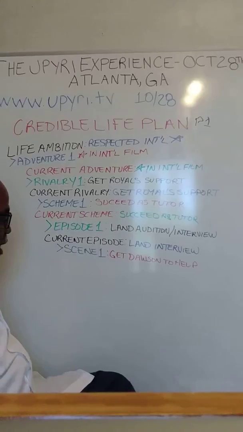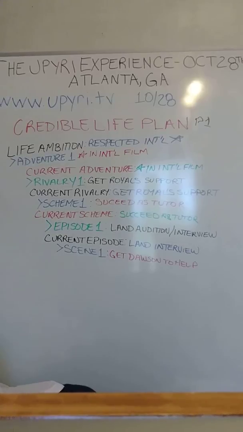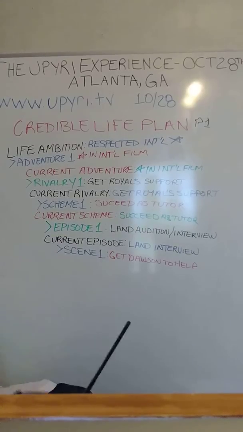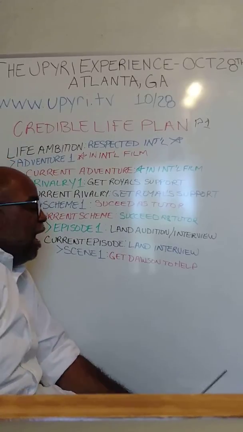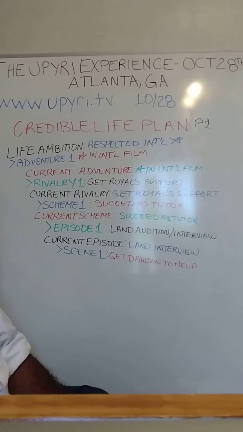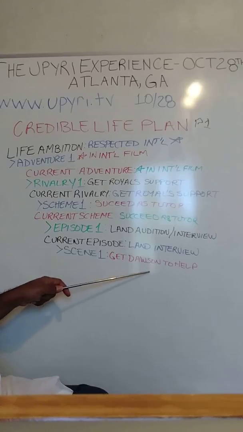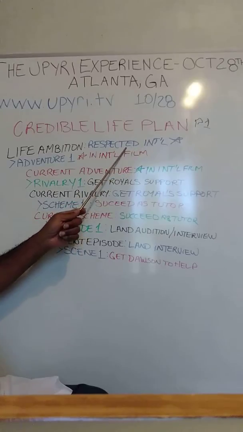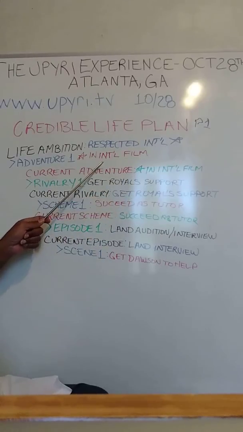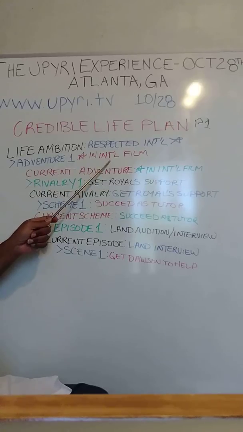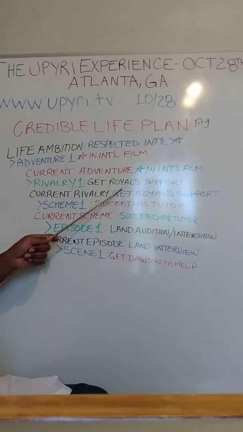So let's take a look at the logic of our map, our key, our guide, our life plan. First, in order to be a respected international star, he needs to star in an international film. In order to star in an international film, he needs to get the support of the royals.